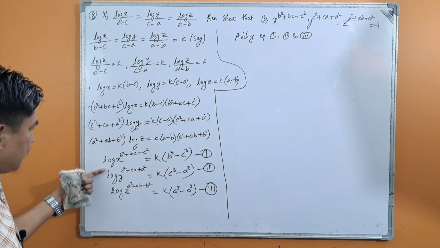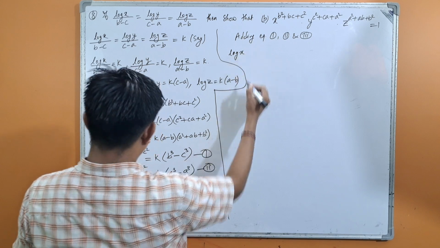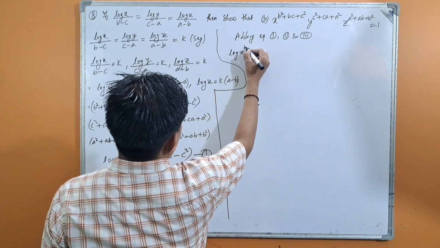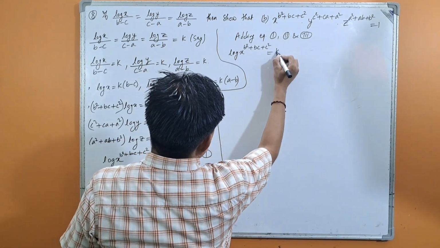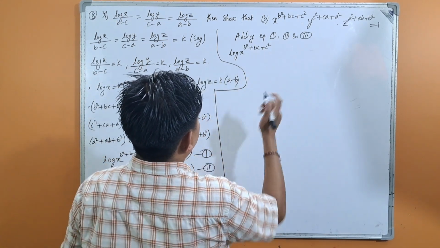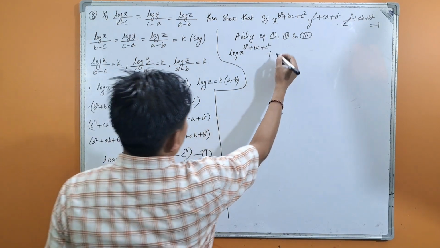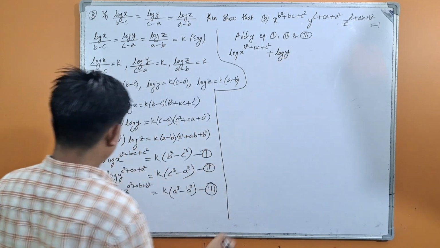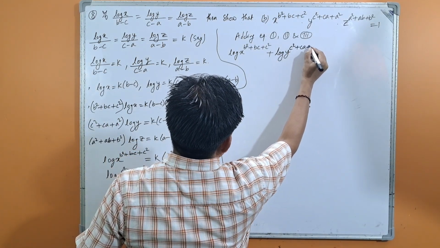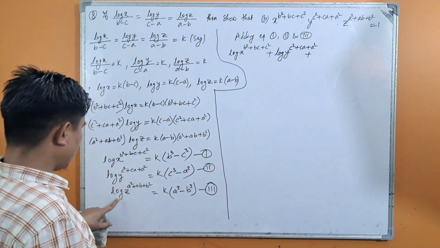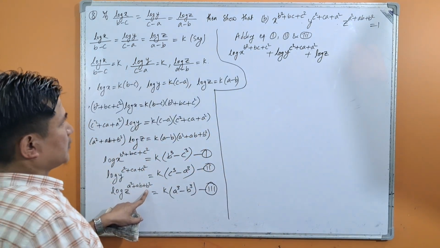So the left hand side of all these 3 equations we add together. Okay, first we have log x to the power b square plus bc plus c square, equal to, we add the left hand side first, plus log y to the power c square plus ca plus a square, plus now we have log z to the power a square plus ab plus b square.